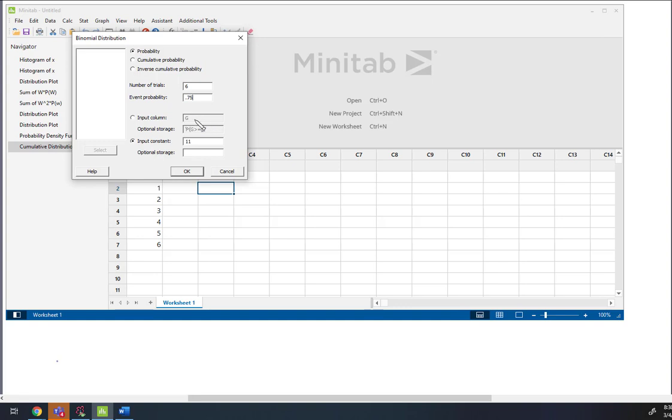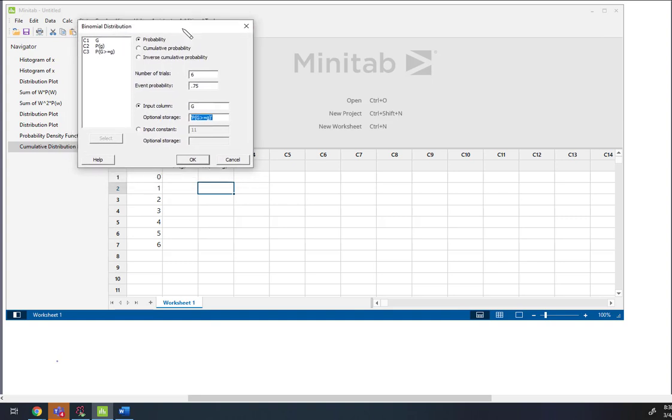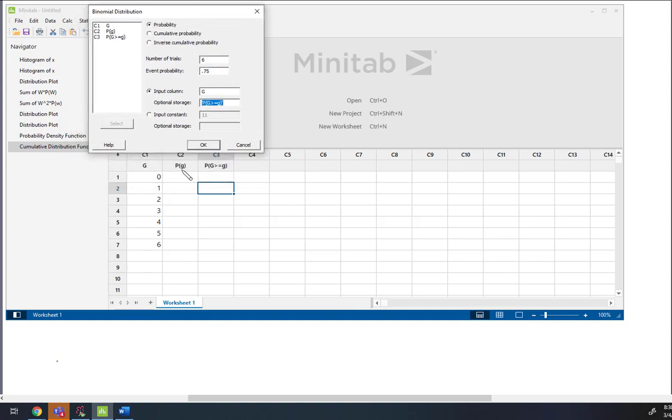What we're going to use as the input column is the column C1, which we've also called G. And for the optional storage, we're going to store that right next door, and I've already typed P of G on the column right next door. That is the probability of these values.